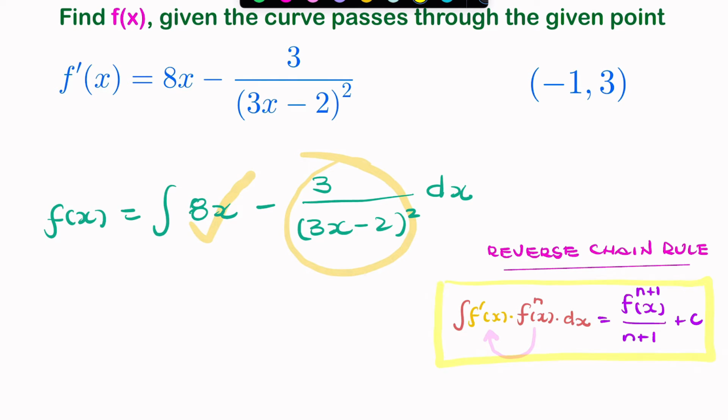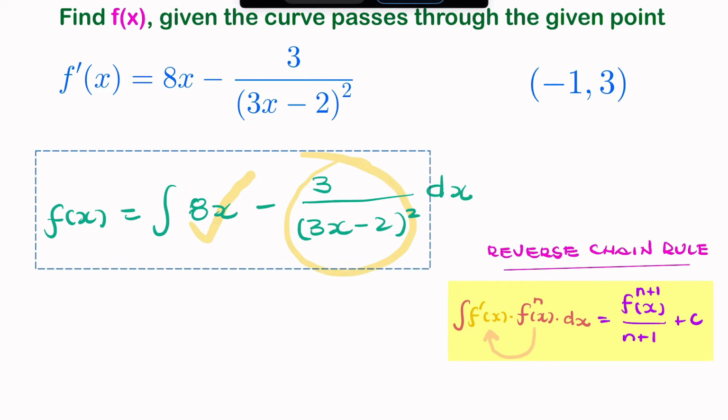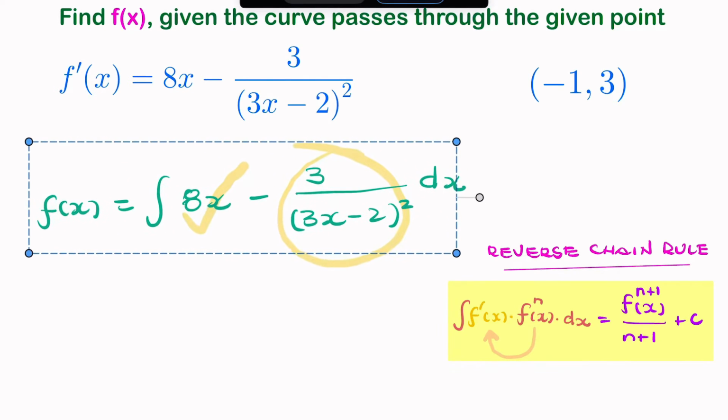So that's our reverse chain rule, and I'm going to apply that to this integral here because it looks like the derivative of 3x is 3, so we can apply the reverse chain rule quite comfortably.